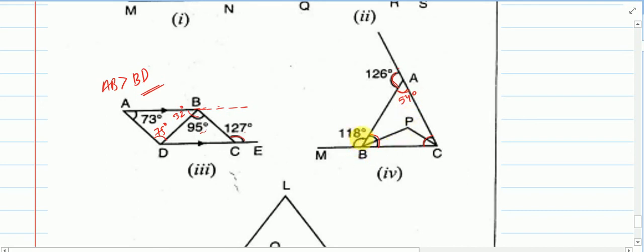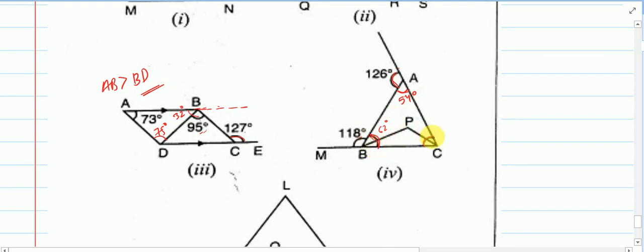Now you can see this is 118 degrees, so this whole angle will be 62 degrees.